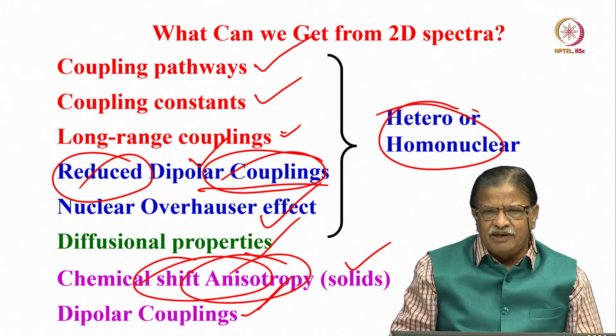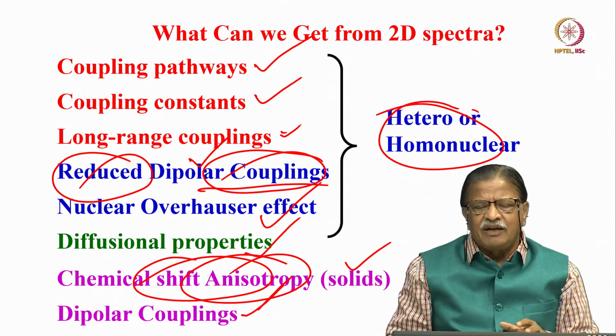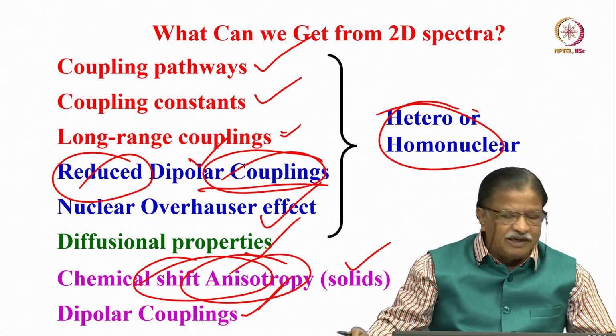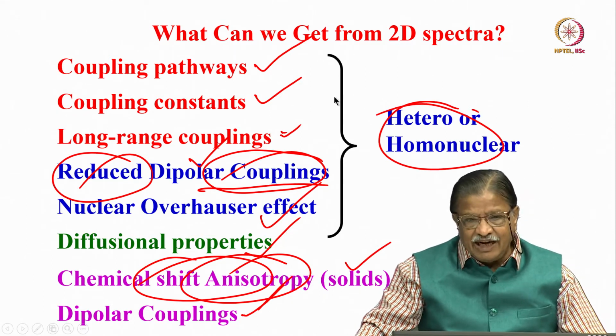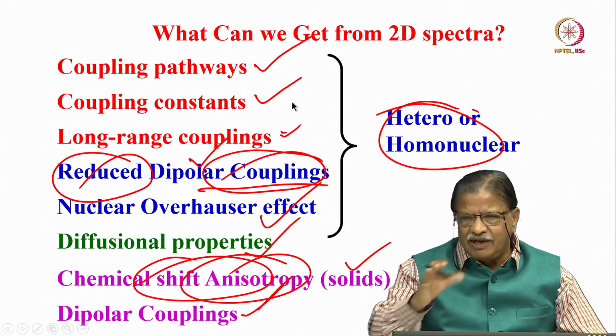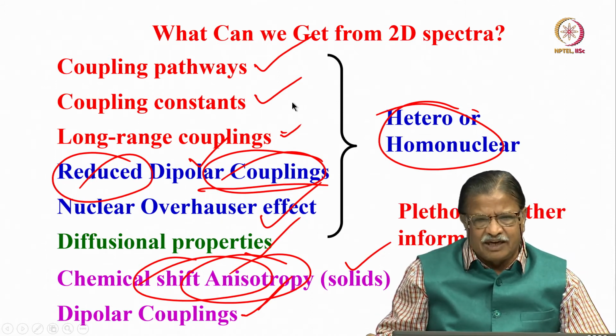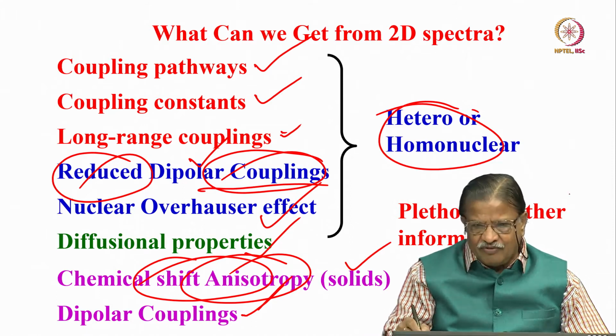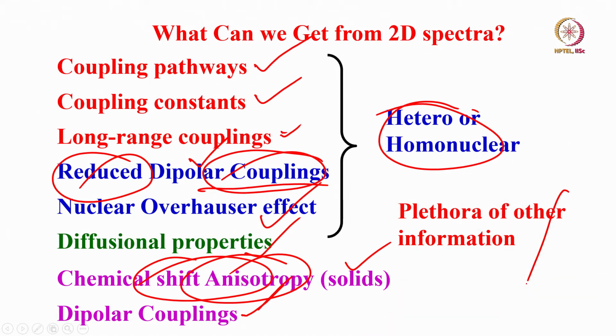The 2D experiment is really very useful. A voluminous amount of information is there, and a lot of experiments are available. You can derive all those things by designing varieties of experiments. Remember, all these things I said are only the tip of an iceberg. There are many things we can derive, many information. So there are a plethora of experiments, a plethora of information content that you can determine from the 2D NMR spectrum.